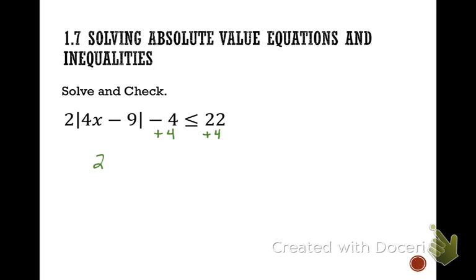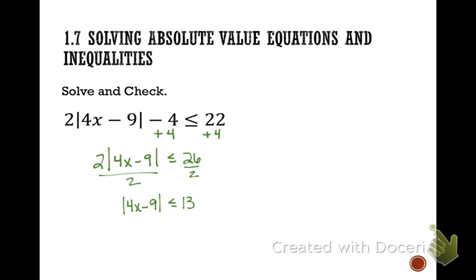So I have 2, the absolute value of 4x minus 9 is less than or equal to 26. Now what do I need to do? Divide by 2. So I'm looking at the absolute value of 4x minus 9 less than or equal to 13.